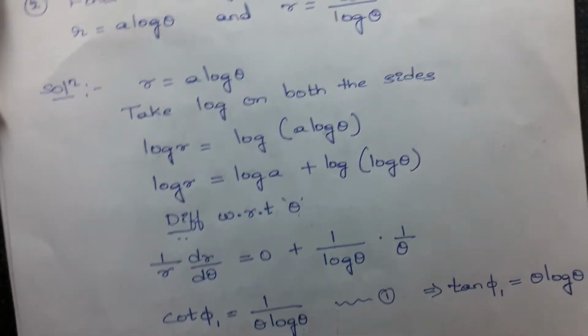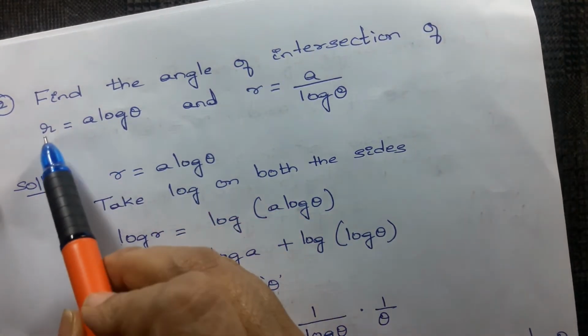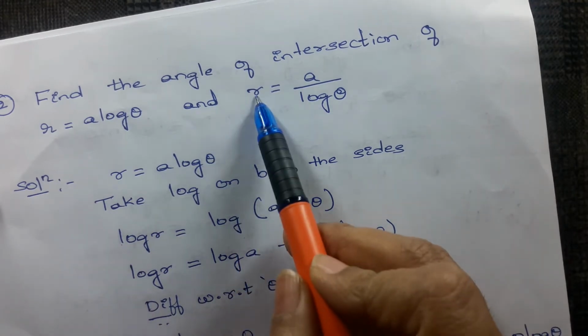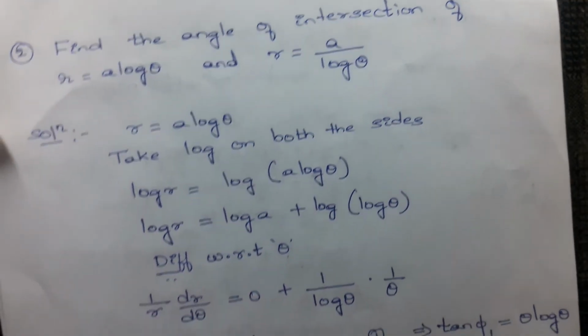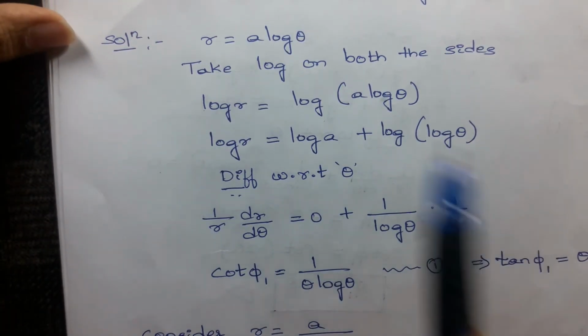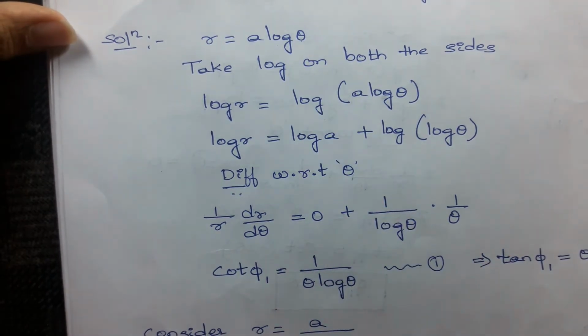Look at this problem. Find the angle of intersection of the curve r is equal to a log theta and r is equal to a by log theta. Now take the first curve, r is equal to a log theta. Let me find out phi 1 for this curve.